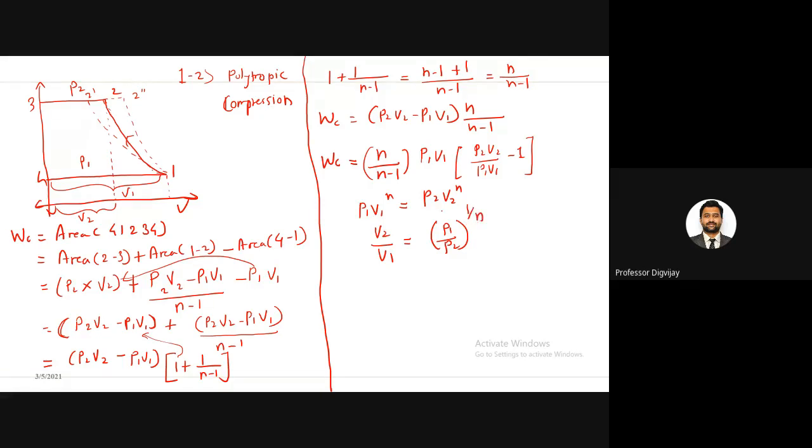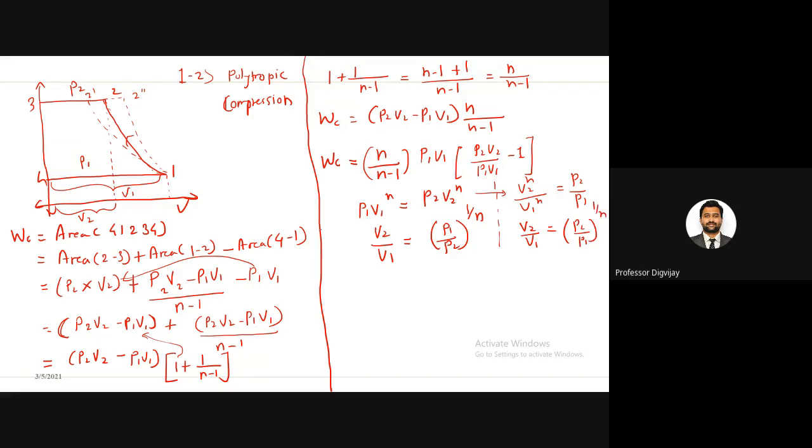I have just rearranged some terms. There are some steps I have omitted. This again you can write as V2 raised to n divided by V1 raised to n equal to P2 divided by P1. If I take nth root here, that will be V2 by V1 equal to P2 by P1 raised to 1 by n.